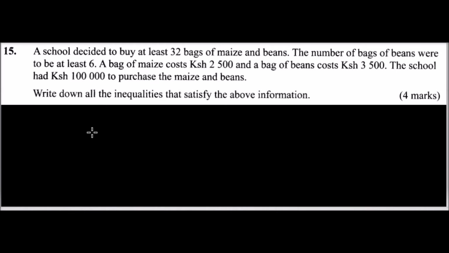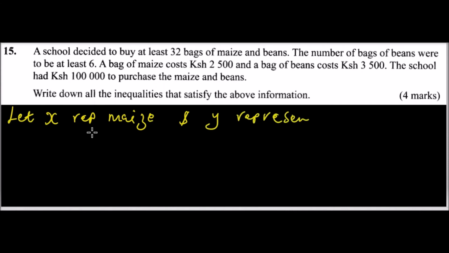So the first thing we can say is let X represent maize and Y represent beans.